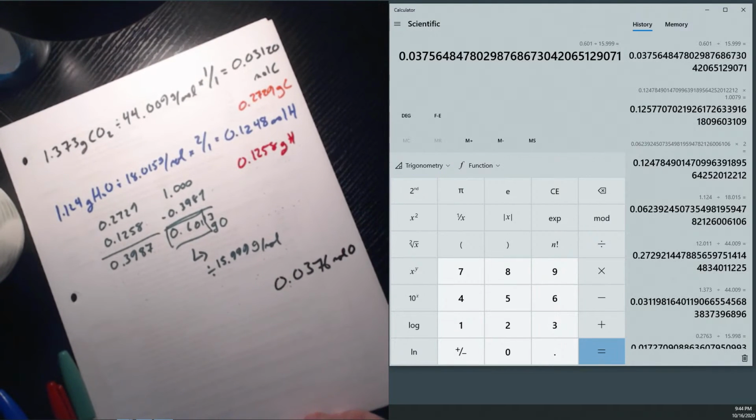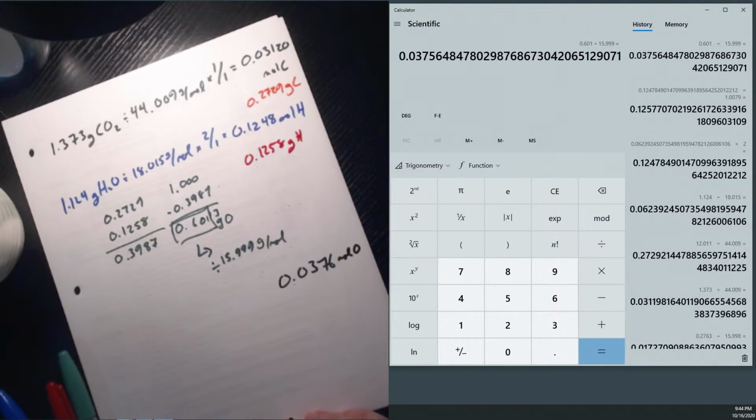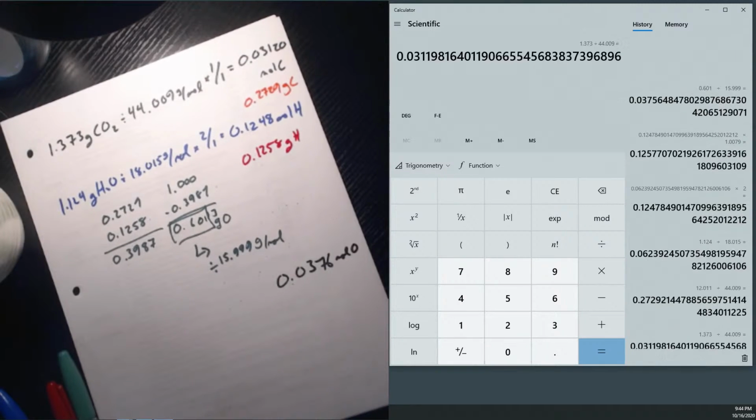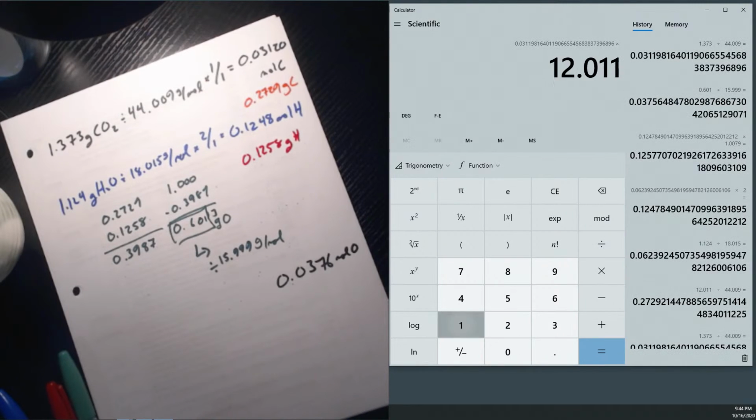Did I screw up somewhere? That seems weird. Let me double check my numbers. 1.373 divided by 44.009. Also 2.011.